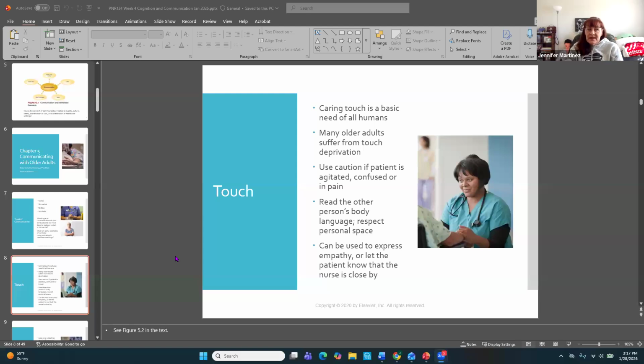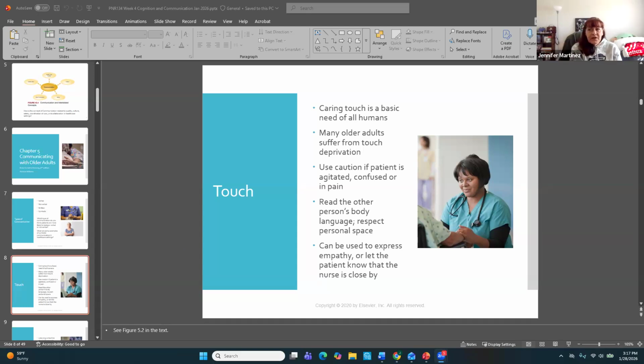But generally speaking, touch is okay. Always ask permission. That is one thing. Respecting personal space is going to be part of that nonverbal communication as well. People have different levels of personal space, I guess would be the appropriate term.